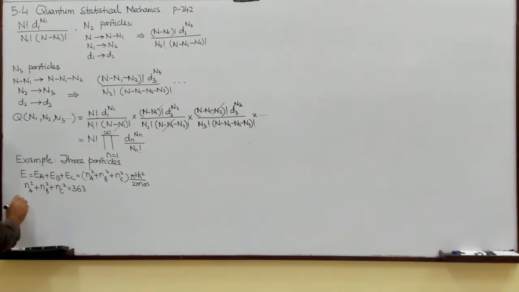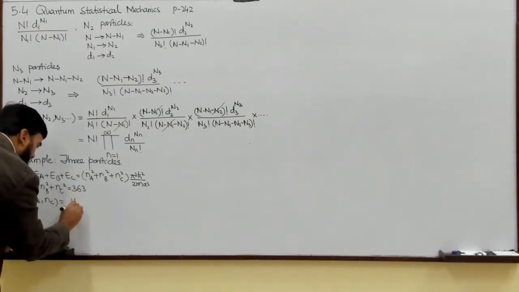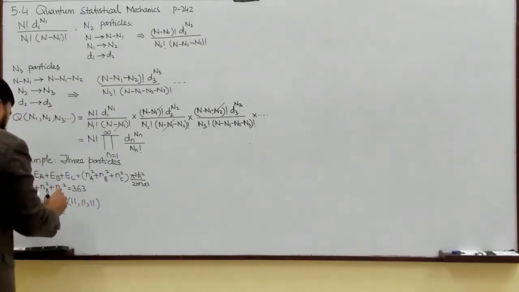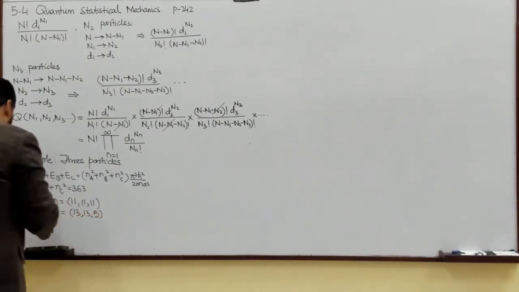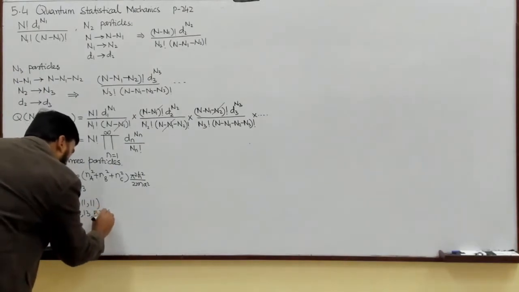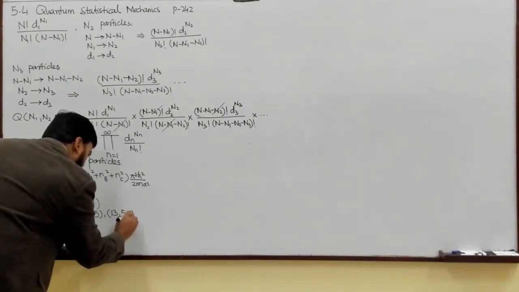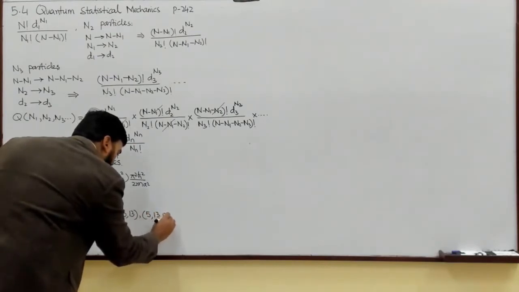So for the NA, NB and NC three particle case, we remember that we can get 363 by squaring 11, 11 and 11. Then we had 13, 13, 5, which for distinguishable particles can be arranged as 13, 5, 13 and 5, 13, 13.